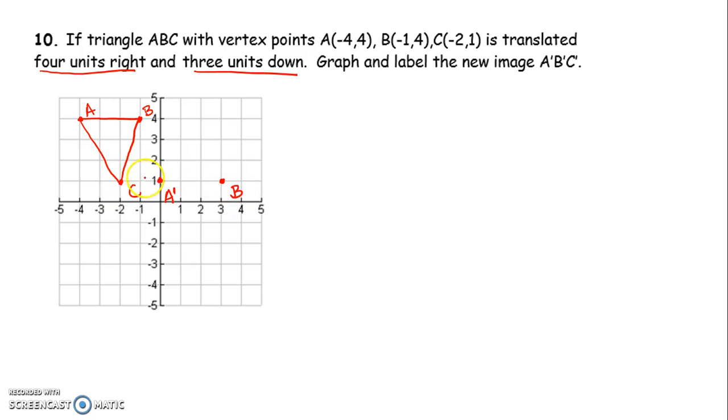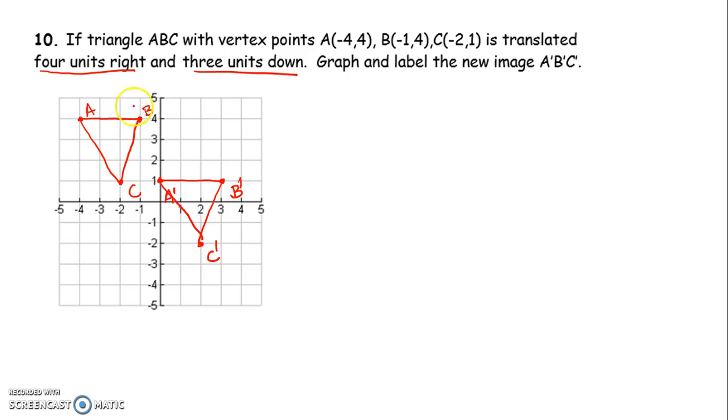C, if I go 1, 2, 3, 4 units to the right, and 1, 2, 3 units down, that must be C prime. And there we have it. Hopefully that looks pretty good. Kind of ugly, but that's B prime, C prime. So label and graph that image. There's your image. Mine's ugly, but there's your image.